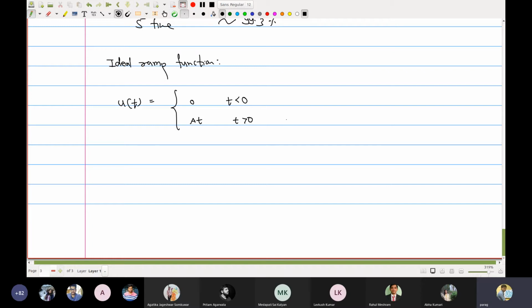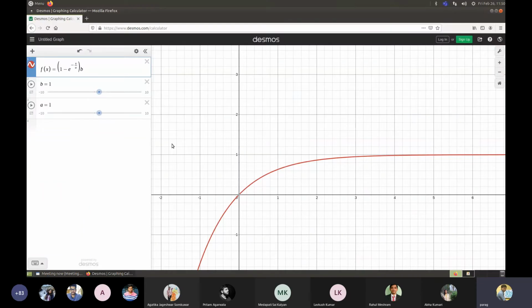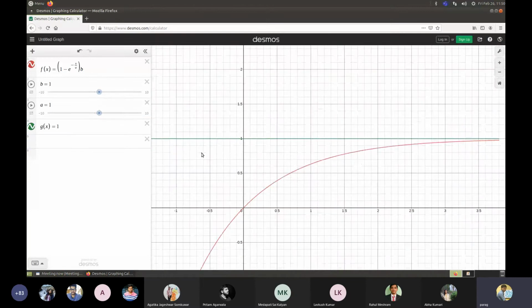And A again is the magnitude. For my particular analysis, I will just set A as 1. So how does my input look like? Let's see. In this previous case, g of x equals 1. Okay, so let this be our convention. The green one is the forcing function and the red one is the output function. At time t equal to 0, I am not worried about negative time.